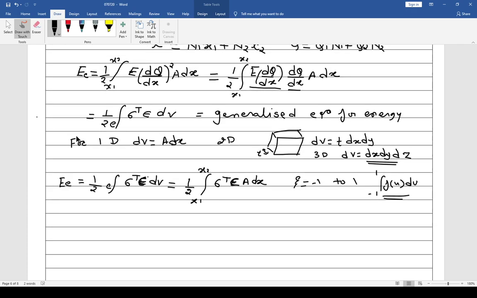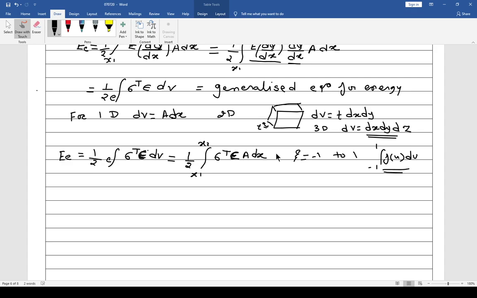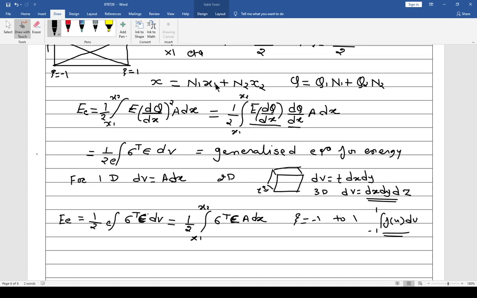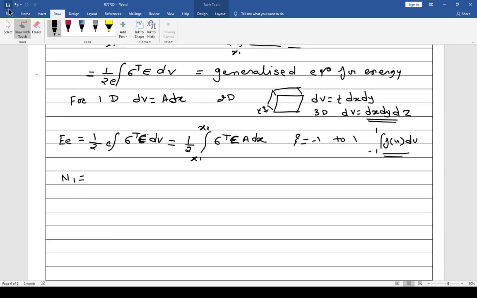So now the challenge is we want x to be converted into xi. Already we know x equals N1 x1 plus N2 x2.